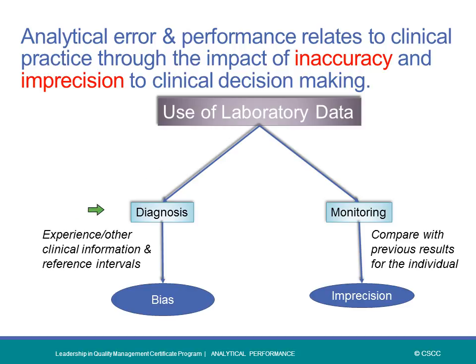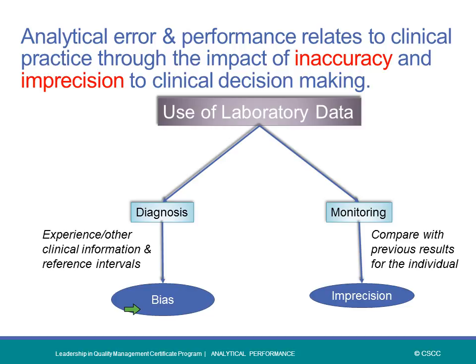Bias has a great effect on diagnosis, especially with the use of reference limits, where a positive bias, of course, leads to possibly more patients having values above that upper reference limit, or if there's a diagnostic cutoff, a positive bias results in more patients being classified in that group of patients that the cutoff is meant to identify.